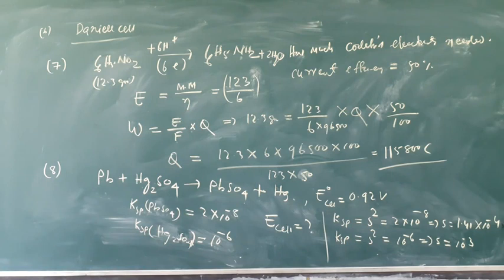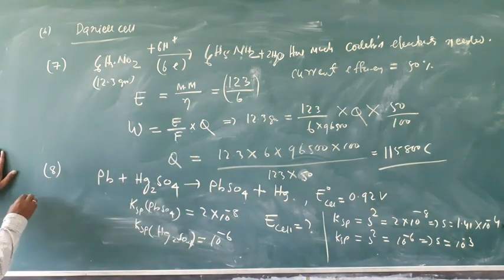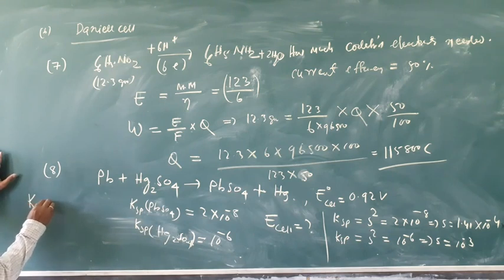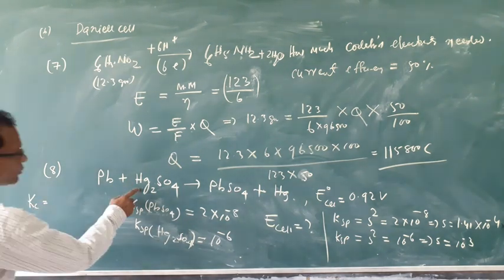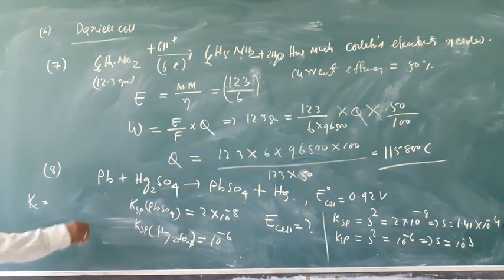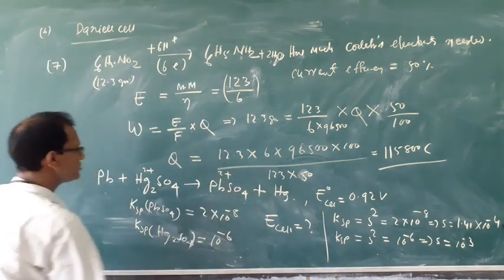Then, if the equation is like this, what is the Kc value? The concentrations are of the mercurous ion and the lead ion, and both are 2 plus ions.